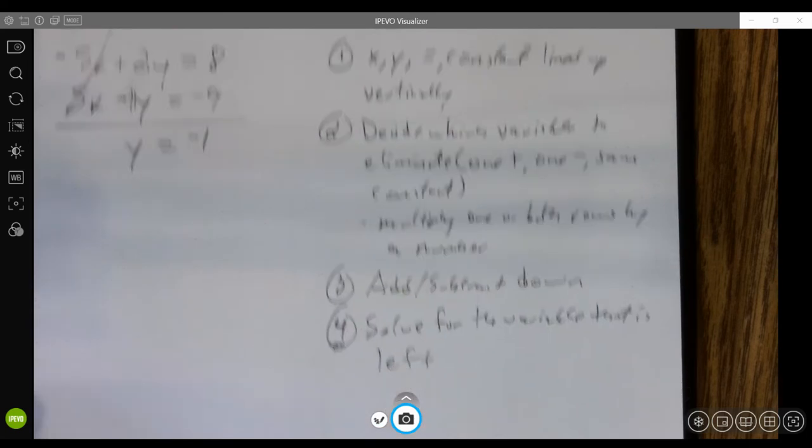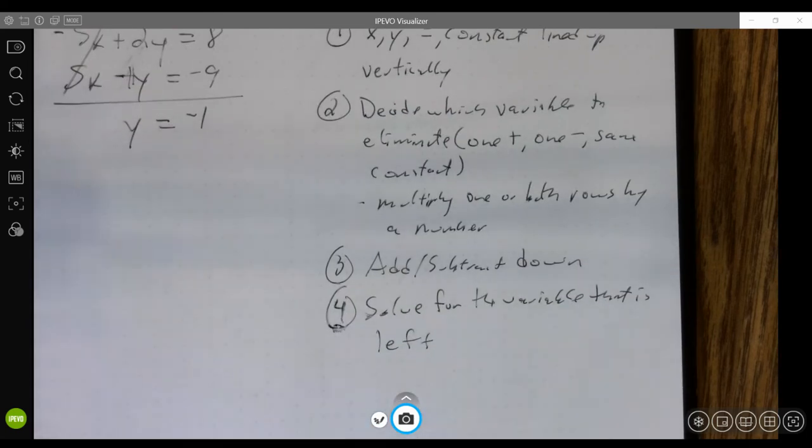What do I mean by left? Well, y is left. I eliminated the x's. So I have y that I need to solve for. Well, it's just y. There's no 5y equals something. So I'm good.